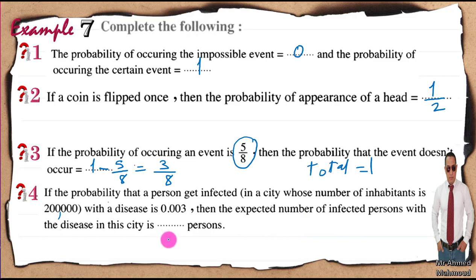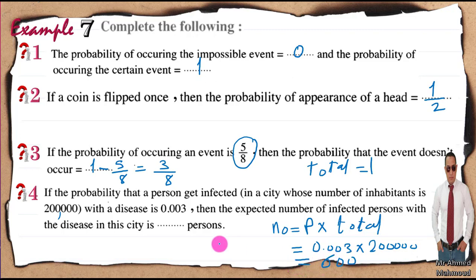We studied before that the number equals probability times total. Of course, you remember this rule. So the number equals 0.003 times 200,000, which equals 600 persons.